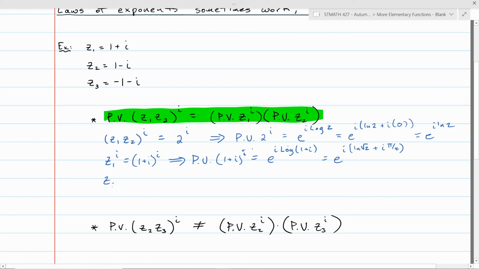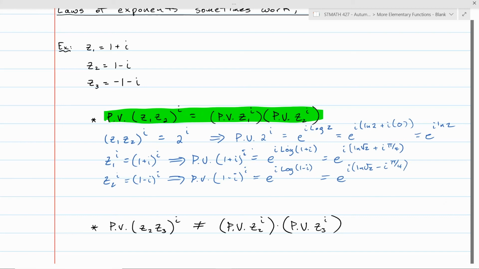Then Z2 to the i, that's 1 minus i to the i, taking the principal value of 1 minus i to the i. You get e to the i principal log of 1 minus i, which works out to be e to the i natural log square root of 2, and then you get the angle negative pi over 4 here, so you get minus i times pi over 4. And then you can take those last 2 expressions and multiply them together and see what you get.